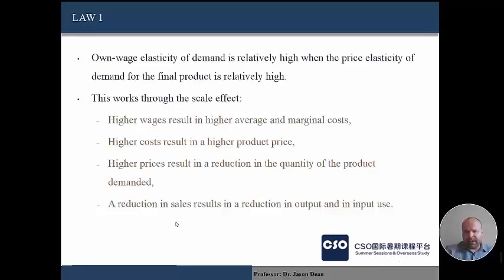If the product demand is inelastic, you could think of life-saving medicine or something like that, then any increase in the price as a result of higher wages isn't going to have much impact, because the demand in the product market is going to change very little. So there's no reason for the demand for the labor used to produce it to change all that much either.